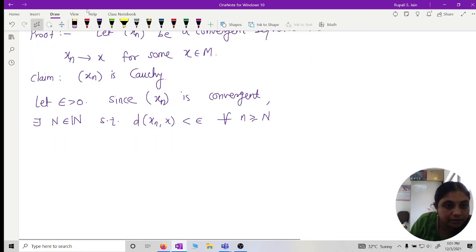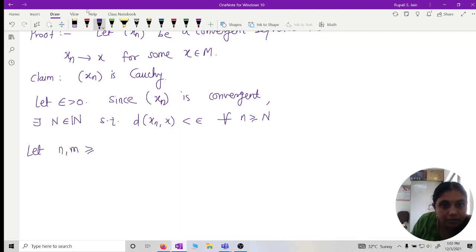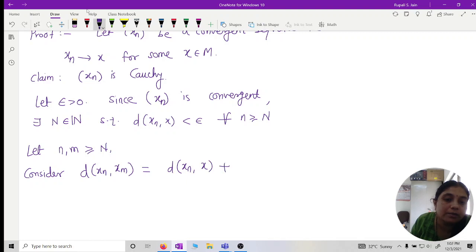So let n and m be greater than or equal to N. Consider the distance between xn and xm. How can I write this? I can use the triangle inequality: the distance between xn and x plus the distance between x and xm. Can I write like this?